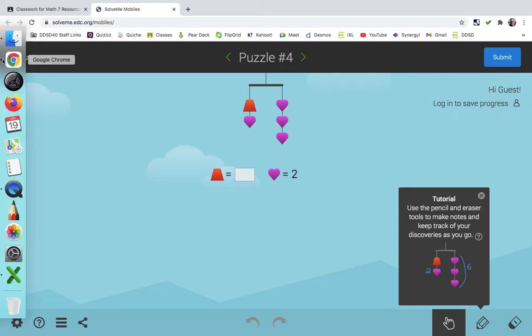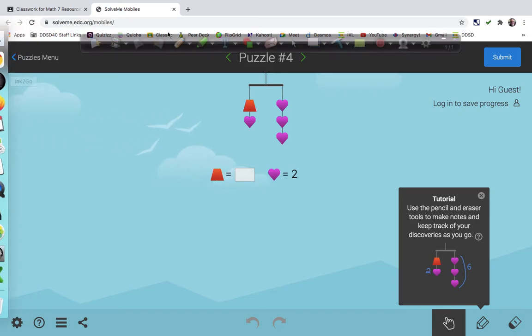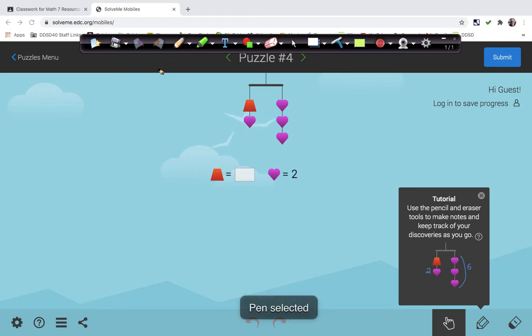So really what we're doing in using algebra symbols is the following. I'm going to pull out my tool here and just write: if the red shape is unknown, I could call it, for example, the letter N. And it gives me that the heart is equal to 2.